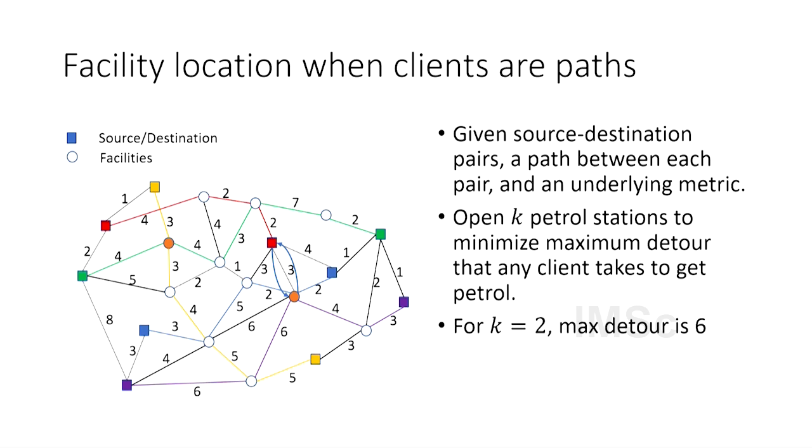The blue path is going like that, so one of the petrol stations is on it. The purple will not have to take any detour. So the only path that needs a detour is the red path, because there is no petrol pump on the red path. The red path is going like that, and so this guy will have to come here, go back here. So there's a detour of 3 units, or a total detour of 6 units to access a petrol pump.